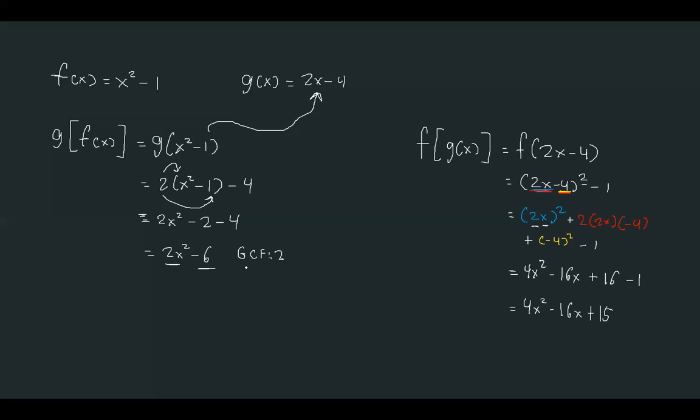If you factor out 2, the result would be 2 times x squared minus 3. That's it.